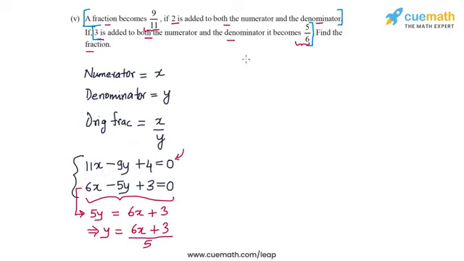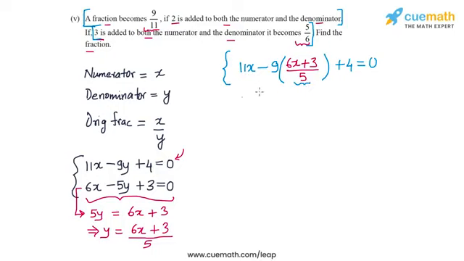So let's see what we get. So we have 11x minus 9y, but instead of y, let me write 6x plus 3 by 5, and then we have plus 4 equal to 0. Now this is an equation in x alone. So let's solve it and find the value of x. So we have this 5 here.